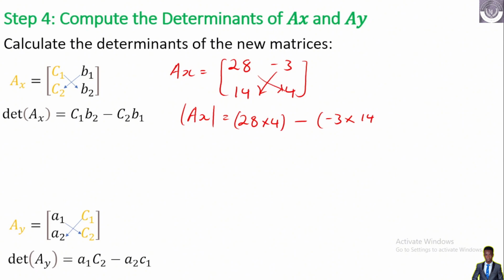So 28 times 4 is 112, minus 3 times 14 is going to give us minus 42.